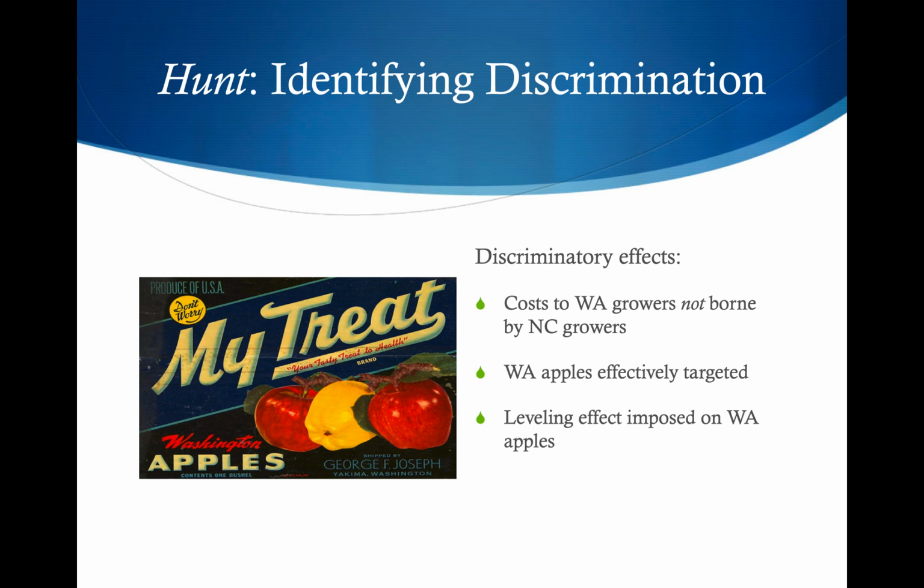Now, I said at the outset that the putative benefit, the supposed benefit that North Carolina says is attached to the statute is this consumer protection anti-fraud statute. But the court says there's also evidence that the actual purpose was protectionist, was to protect in-state apple growers from competition.